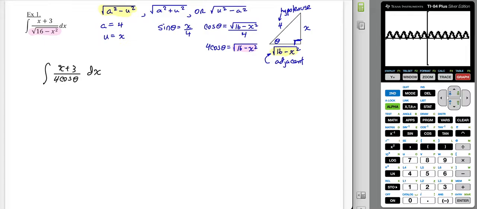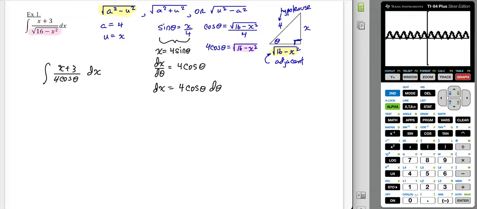I need everything to be in theta. So what I'm going to do here is solve this for x and differentiate. So I'll have dx d theta is equal to 4 cosine theta. So that's going to allow me to swap out a dx. If I solve for dx, 4 cosine theta d theta.